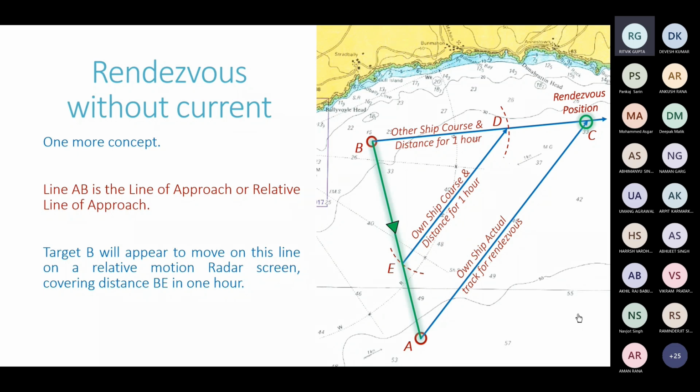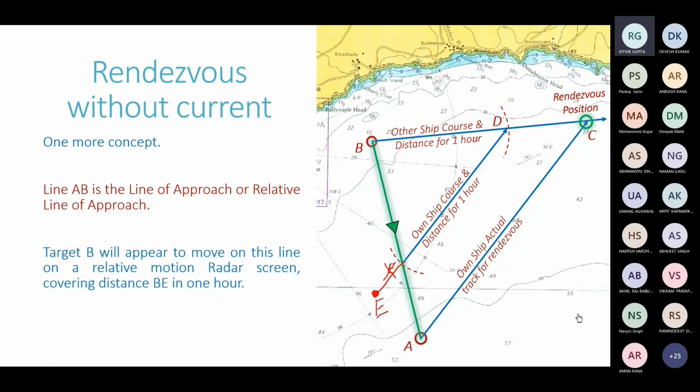Let me mark it on the plot. Let us say the distance which we were covering in 1 hour, or our speed, was slightly higher. So our vector would be slightly bigger. This E point would not be here. The E point would be here.